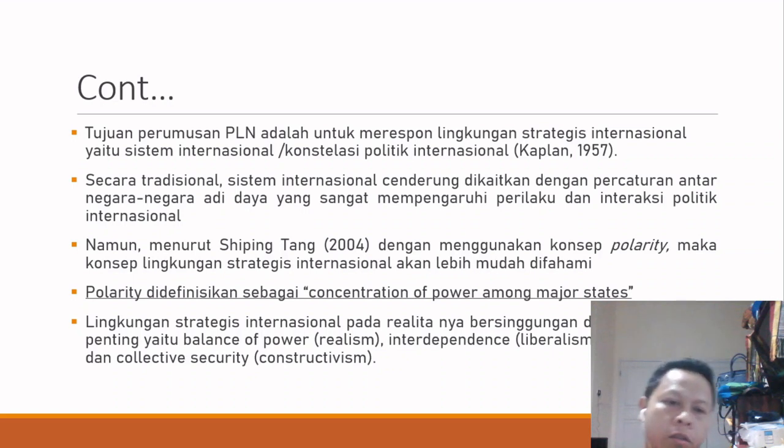Okay, according to Shiping Tang, this kind of international environment is usually linked to what we call polarity. By understanding polarity, we can understand how global politics, international politics, works. What kind of polarity exists in the world now is a very significant factor.